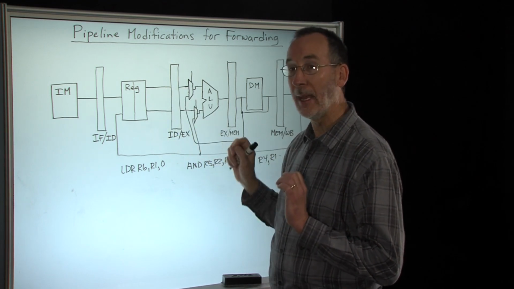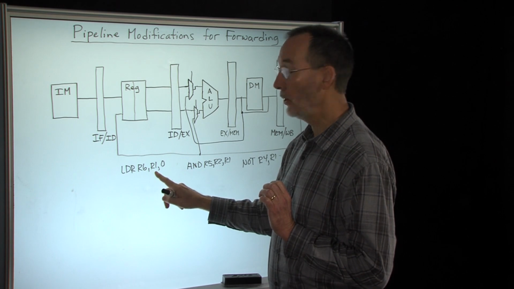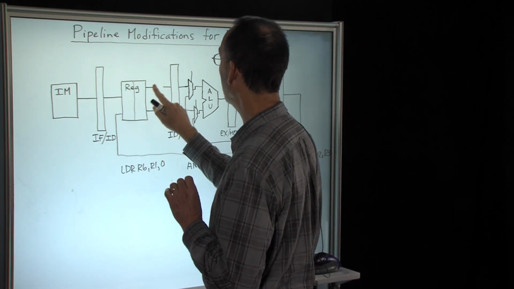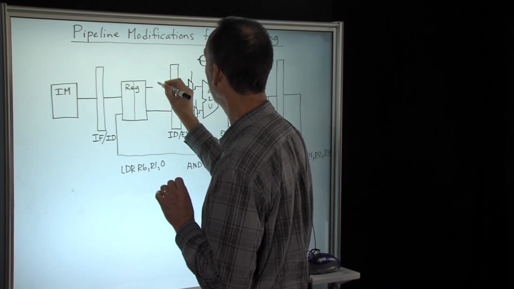We need to replace this value of R1, so we need to put another multiplexer here.